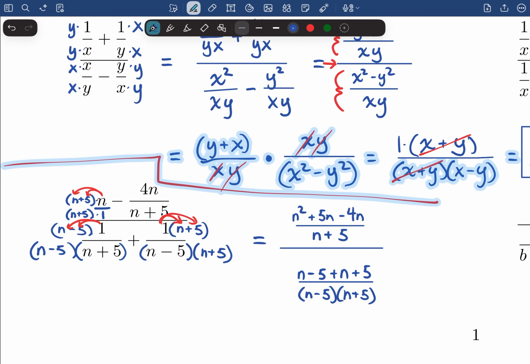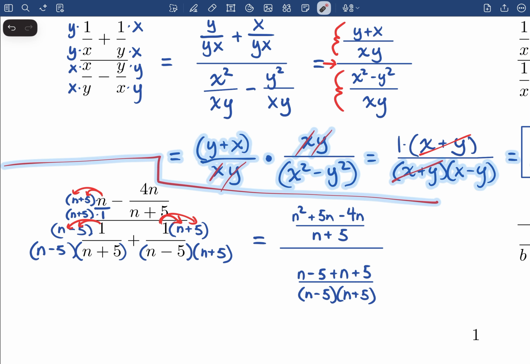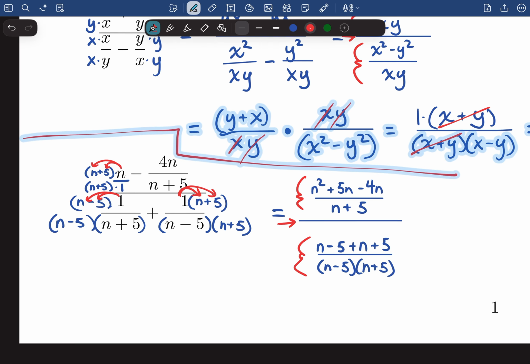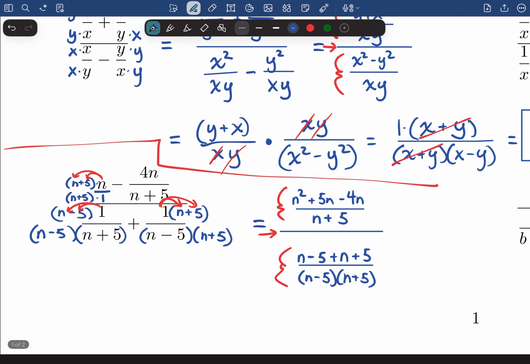Great. So all of this stuff right here has now been combined into a single fraction divided by a single fraction. And yeah, you understand why I did that, because now I'm going to keep and then switch and then flip, right? That's what we've been doing this whole time.